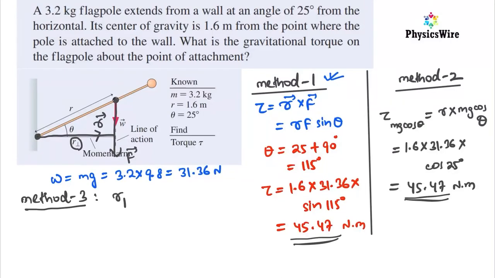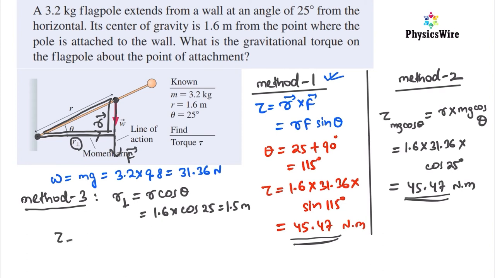In this triangle, r perpendicular equals r times cos theta. So this is 1.6 times cos 25 degrees. If you calculate, you will get 1.45 meter.